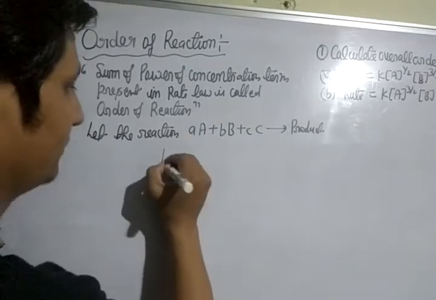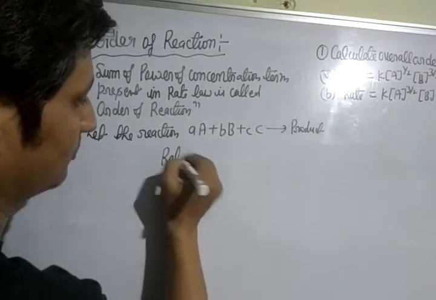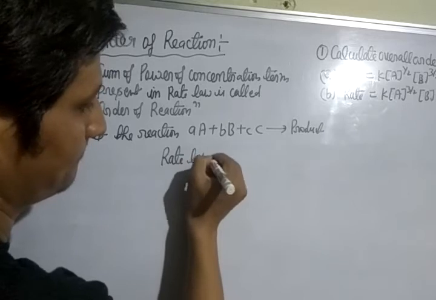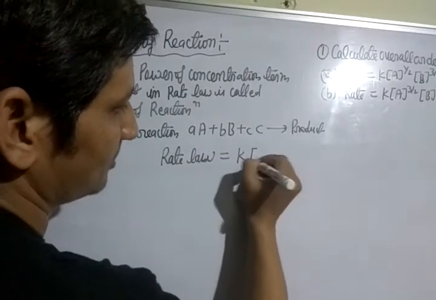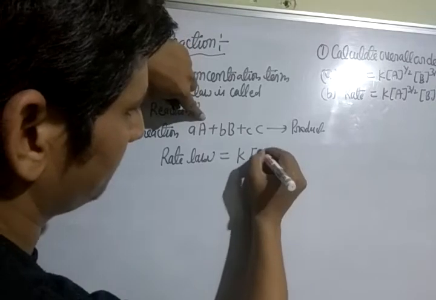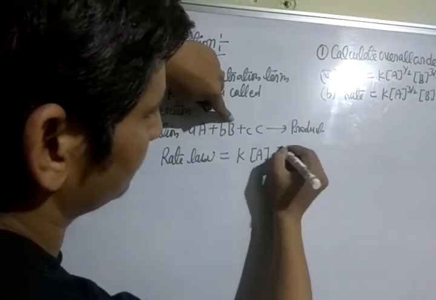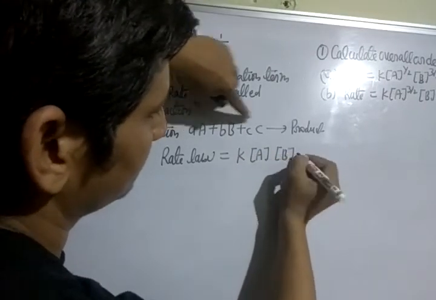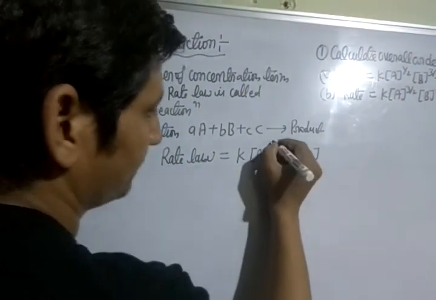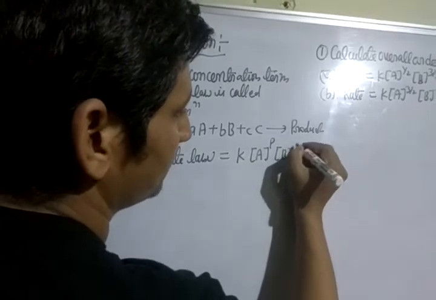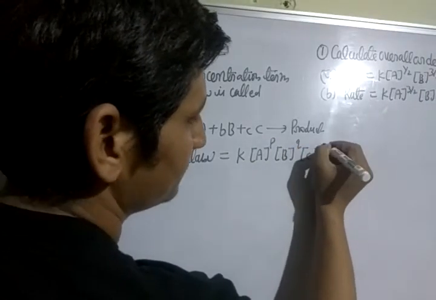Then rate law is equal to K, concentration A, concentration B, concentration C, and consider let power of A is P, power of B is Q, power of C is R.